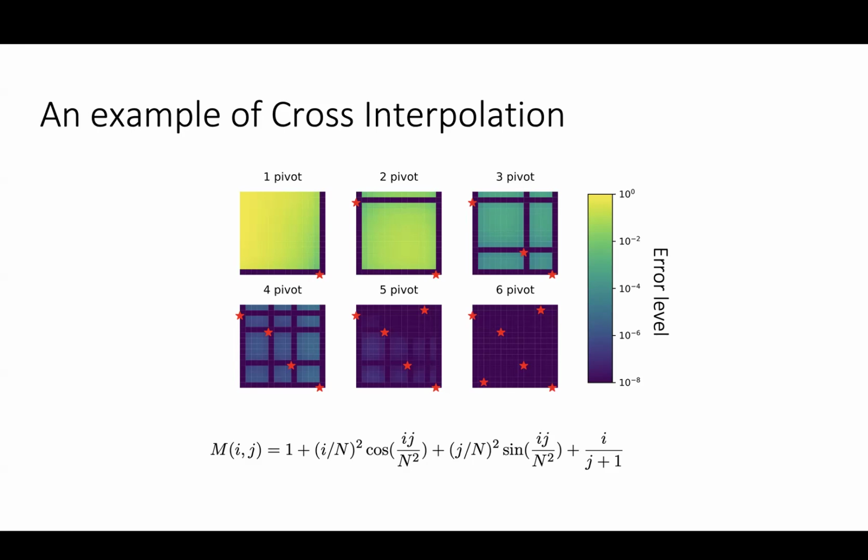And how many pivots would you need for that? Oh, that depends drastically on the problem. Because here, if you would do the color scheme differently, you would still see these horizontal and vertical lines, right? Yes, even in those, they are exact. The rank really depends drastically on the problem.